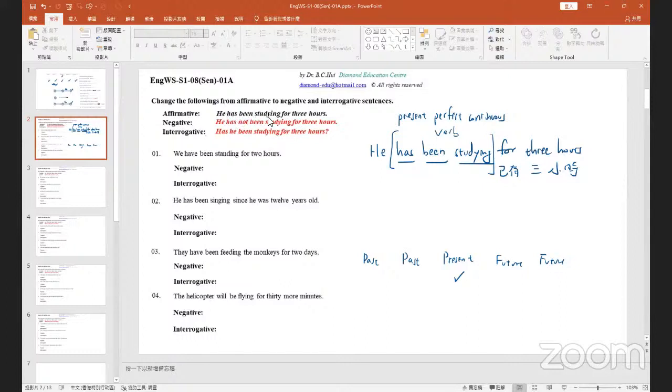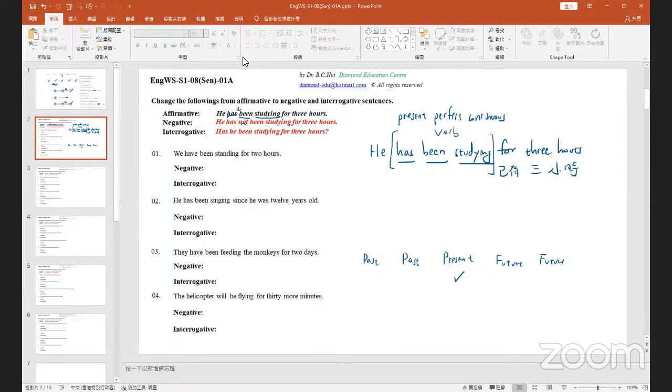He has been studying for 3 hours. If you want to say no, you underline which words together form a verb. Has been studying, 3 words together. You want to say no, so you put a not in here. He has not been studying for 3 hours.